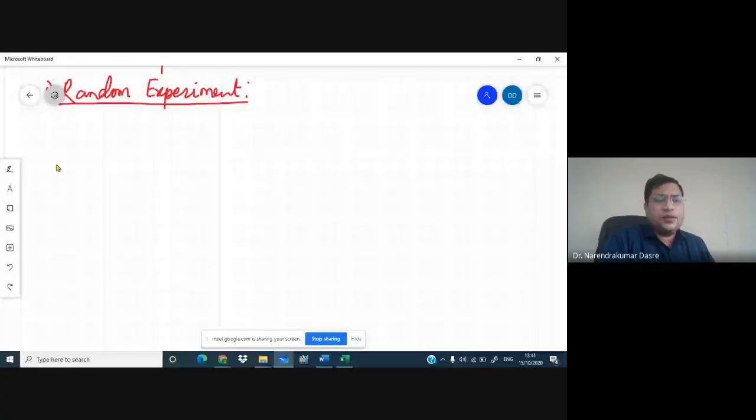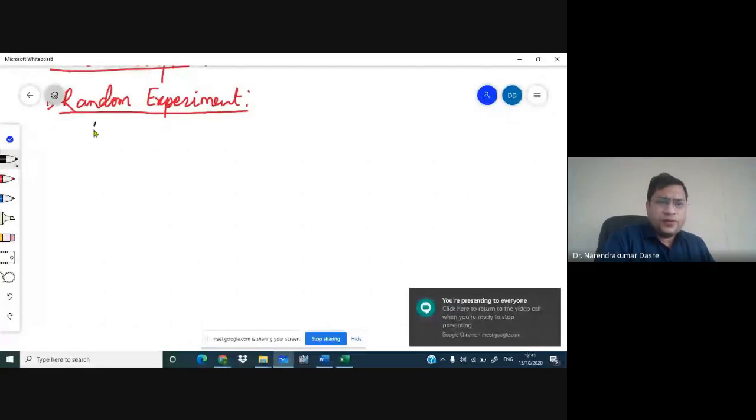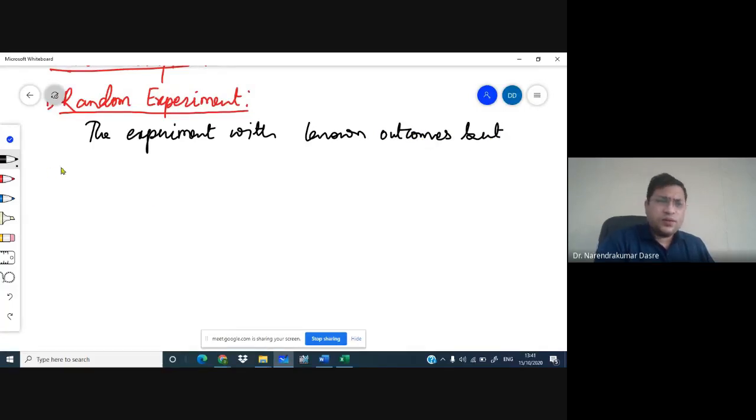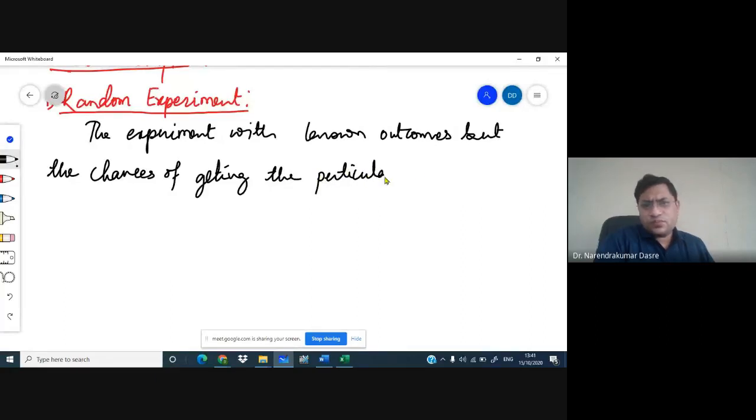A random experiment is an experiment with known outcomes, but the chances of getting a particular outcome are uncertain.